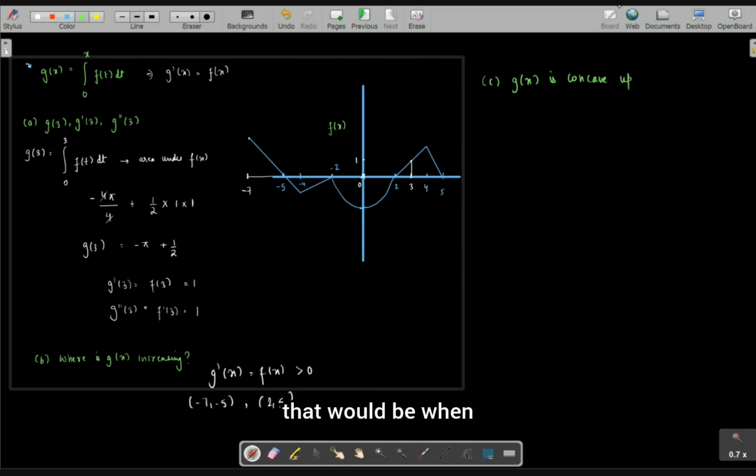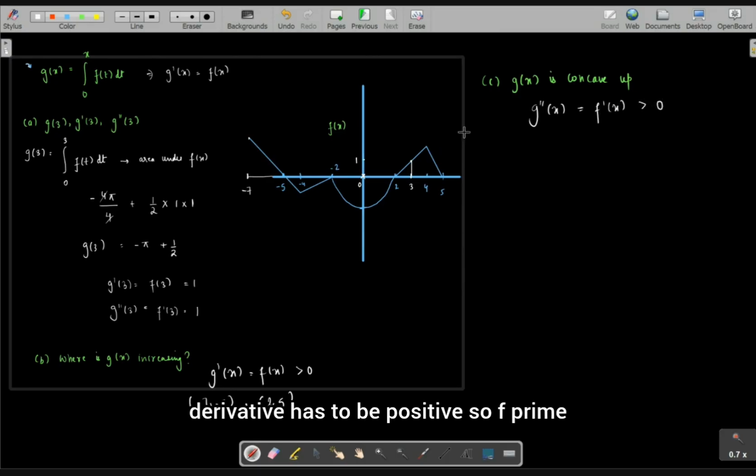That would be when f prime of x is positive. So g double prime means f prime. When it's concave up, it means the double derivative has to be positive, so f prime of x has to be positive. And that would only be from 0 to 5.